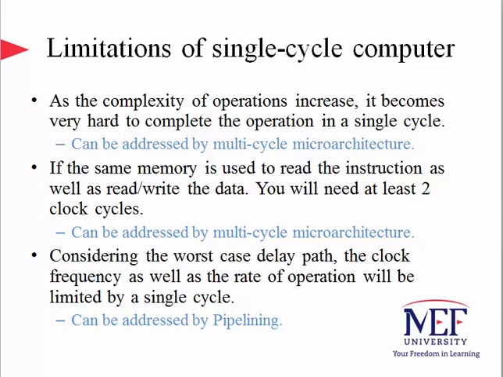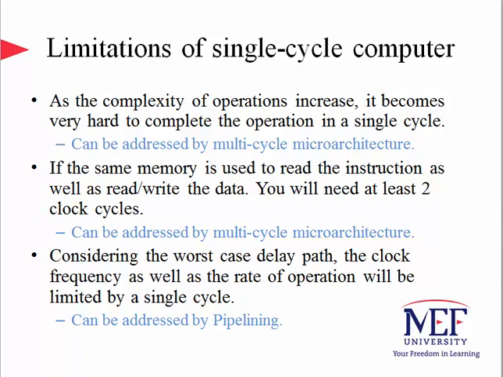Finally, consider the worst-case delay path of all the operations supported by the microarchitecture. The clock frequency as well as the rate of operation will be limited by the single cycle. The multi-cycle computer design is a remedy for the first 2 concerns. However, it will not solve the last concern, since we will have to wait multiple cycles to see one instruction fetched, executed, and the result stored.